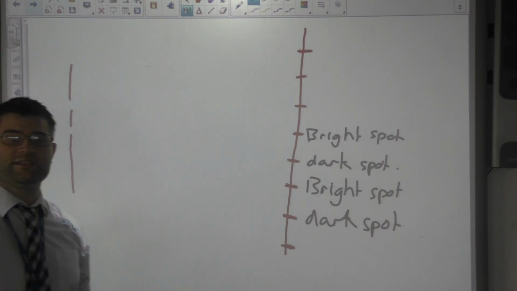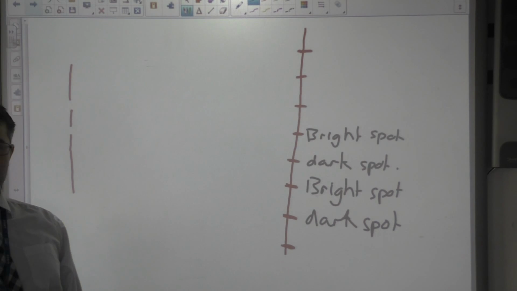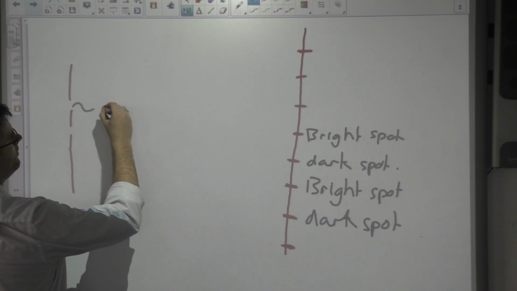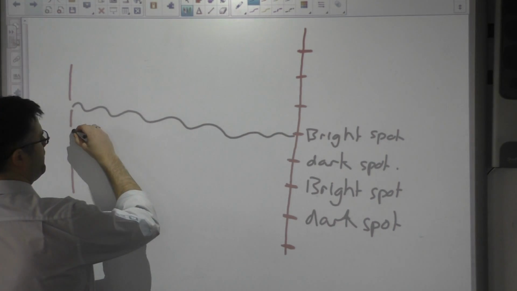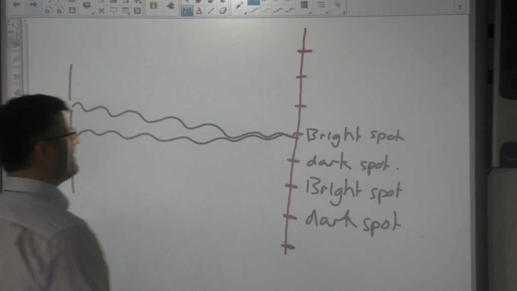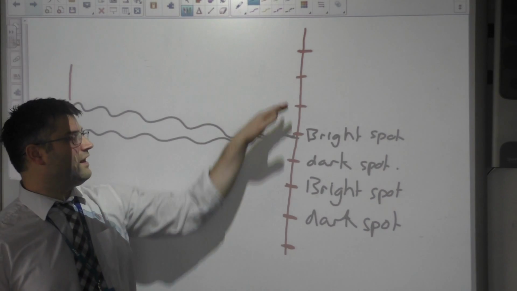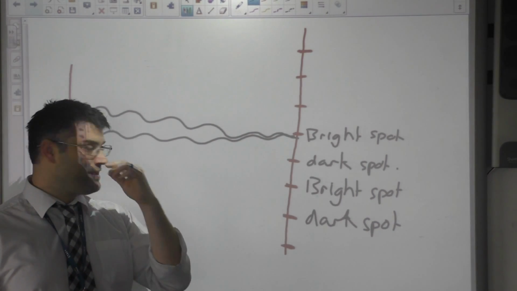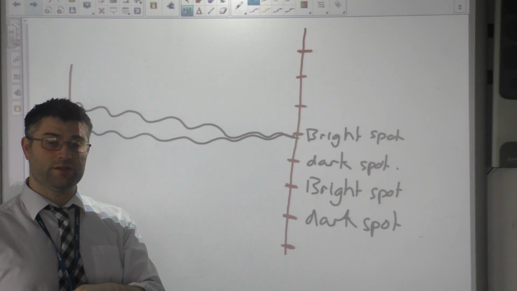And the point being is that those bright and dark spots are being created because of the superposition of the waves when they reach these positions together. Now, depending on how far the light wave has travelled, depends on what you get, whether you get a bright spot or a dark spot.